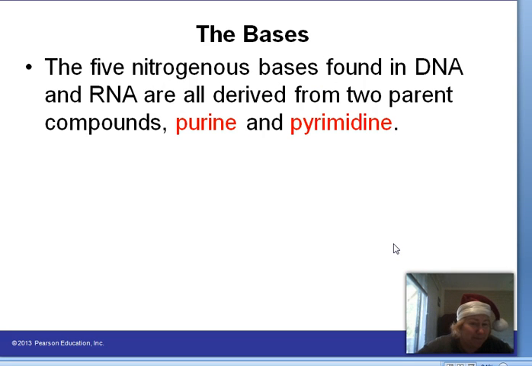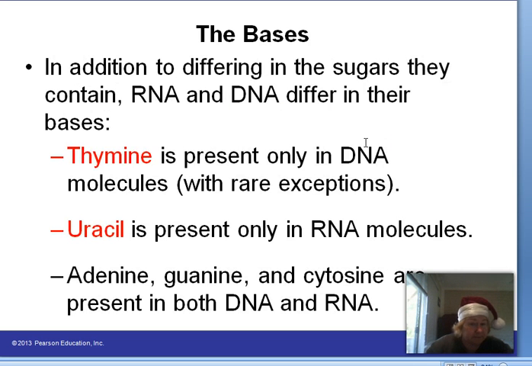I can hear you. The nitrogenous bases found in DNA are purines and pyrimidines. I'll show you pictures of those in just a minute. A purine always goes with a pyrimidine. A goes with T or U. G goes with C. A purine goes with a pyrimidine. They're made for each other. In addition to differing in the sugars, RNA and DNA differ in their bases.